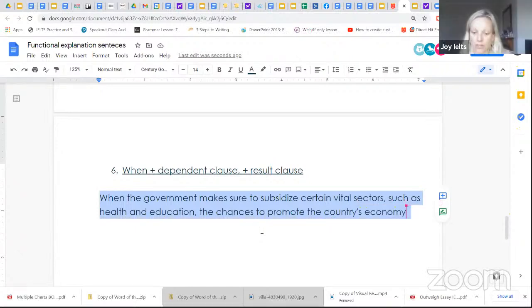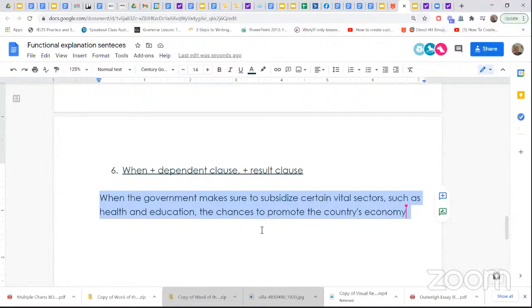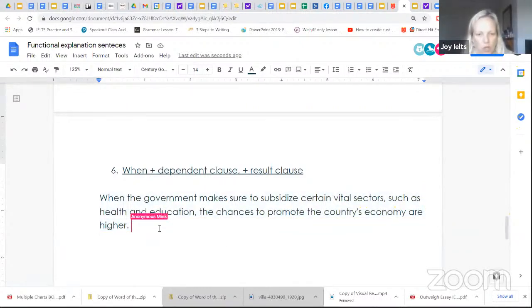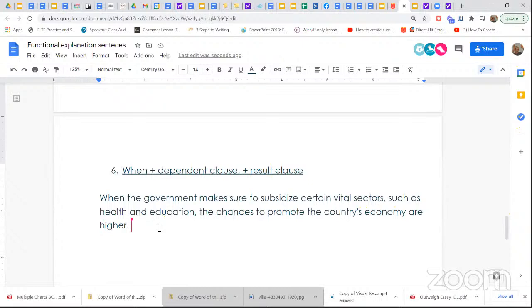Artie, that's good. Without sources of entertainment. This is nice. When the government makes sure to subsidize certain vital sectors, the chances to promote the country's economy are higher. The grammar's fine. And then you'd need some sort of example after this.